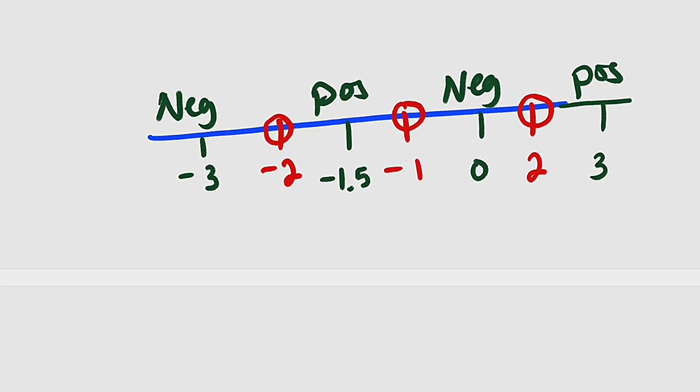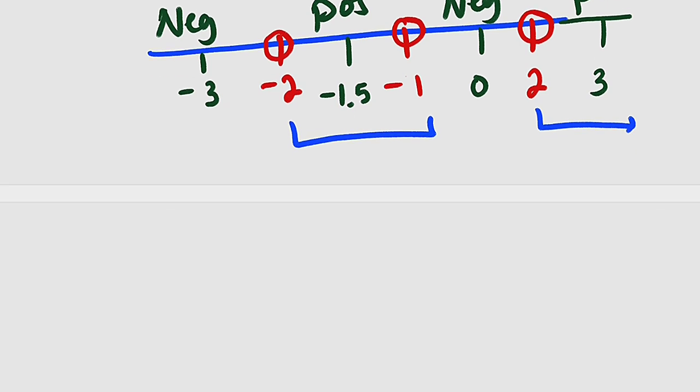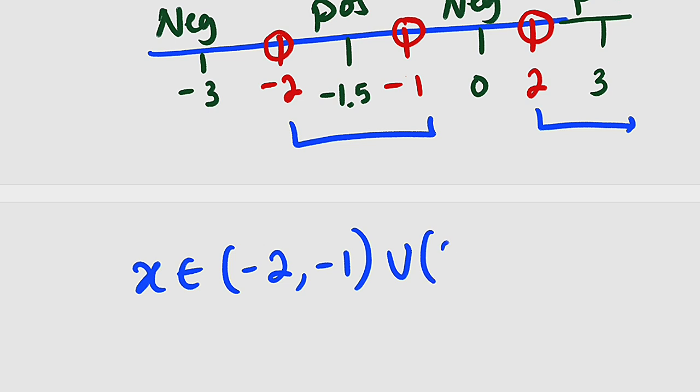So where do we have solutions? We have a solution between -2 down to -1, and from +2 way down to positive infinity. So let's write it. We have x belongs to the set of values from -2 way down to -1, union from 2 way down to positive infinity.